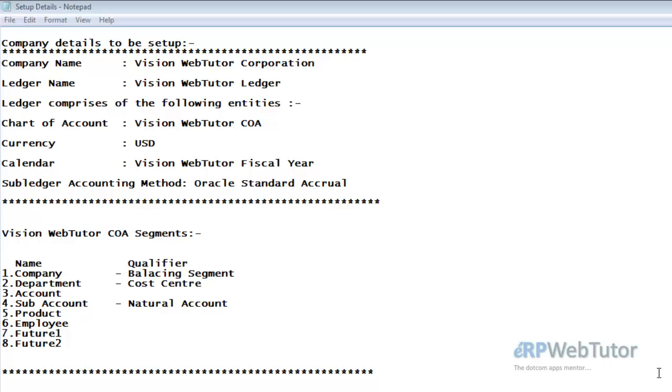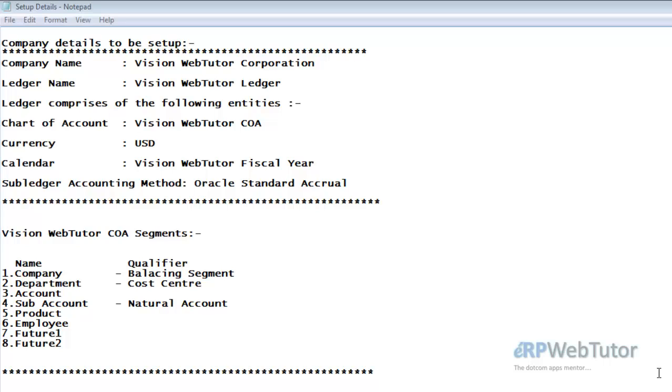Okay, now in order for the system to understand the exact purpose of each of these segments, we need to tag each segment with something called as a qualifier.